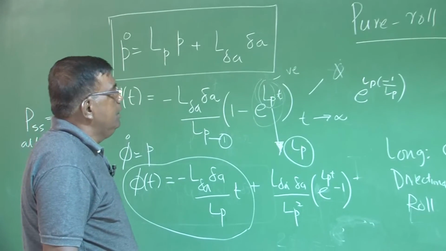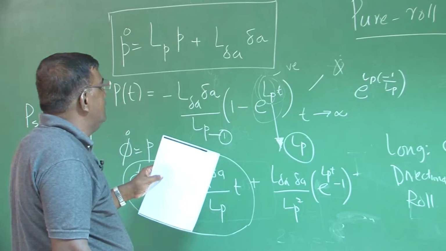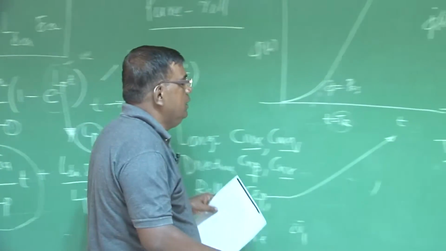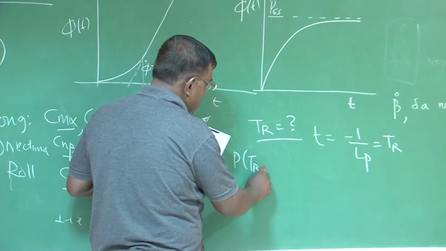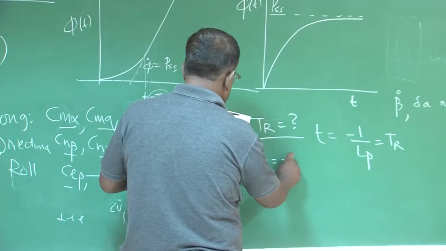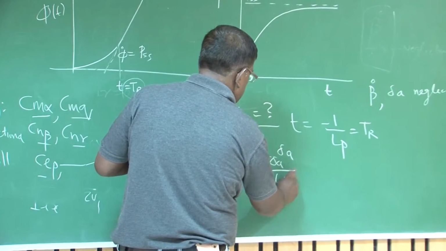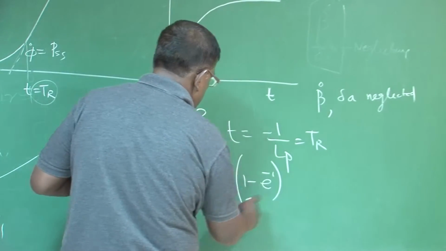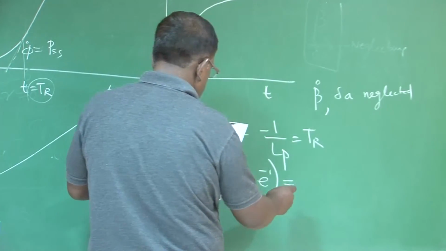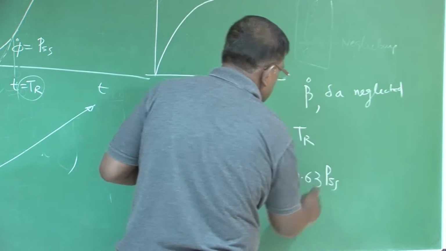LP gets cancelled, and then you have P at TR equal to, you can check, minus L delta A into delta A by LP into 1 minus e to the power minus 1, which is close to 0.63 of P steady state.